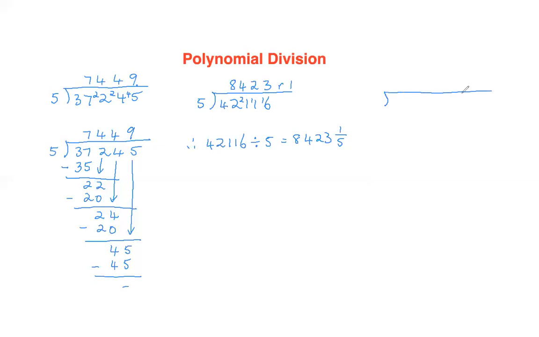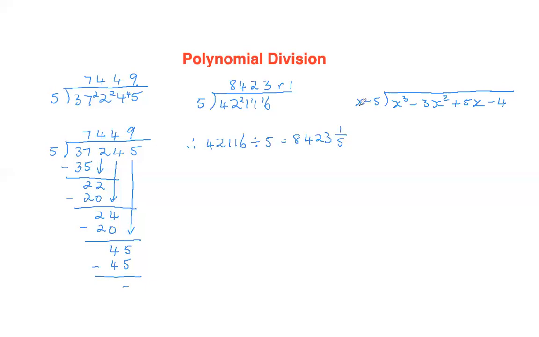So I'm going to take a cubic function. We'll have x cubed minus 3x squared plus 5x minus 4. And I'm going to divide it by x minus 5. Now, when we're doing polynomial division, the key thing we have to think about first is just the x here.